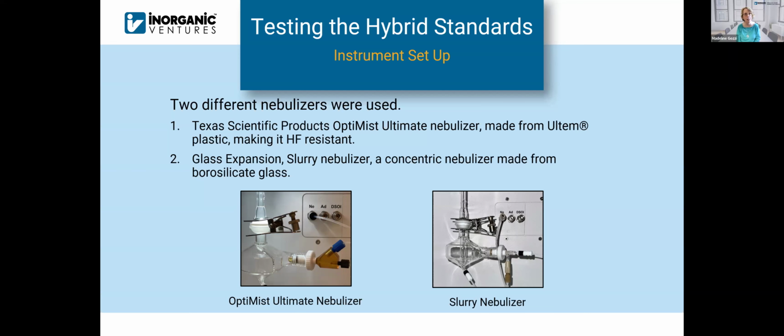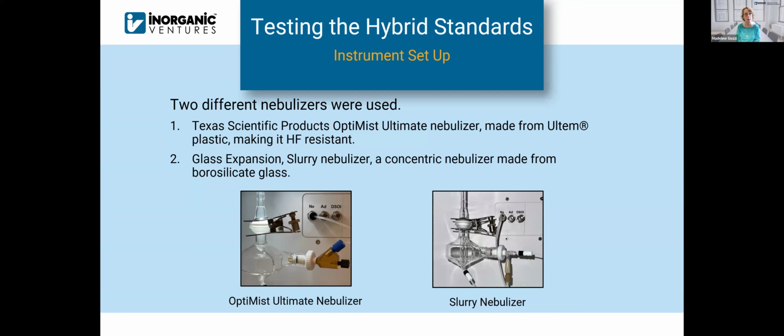In this slide, you see pictured the two nebulizers that we used. We used the Texas Scientific Products Optimist Ultimate Nebulizer, which is made from Ultem plastic, which makes it HF resistant. We also used, shown on the right, the Glass Expansion Slurry Nebulizer.